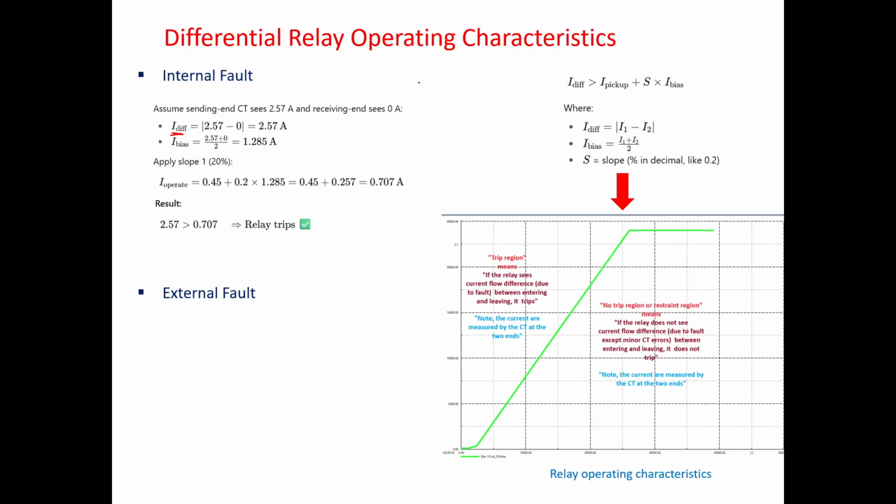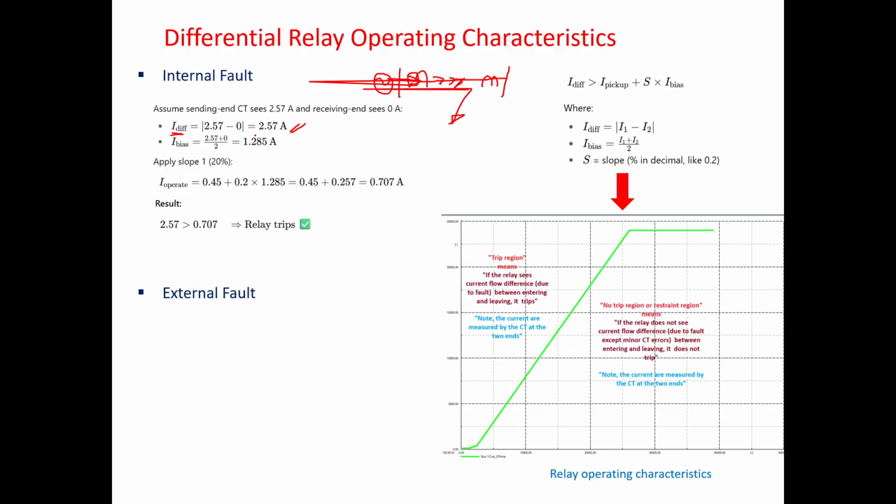What it means is, if this is the line and this is the fault, because the fault current is coming through only one side, the CT will only read 2.57 to the fault point, but this CT will not read anything.